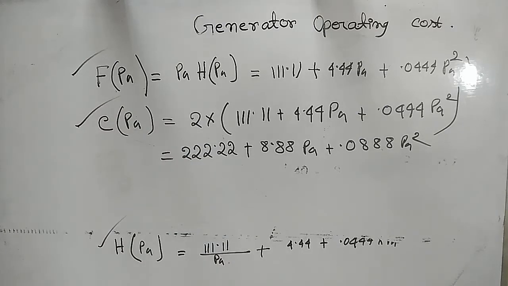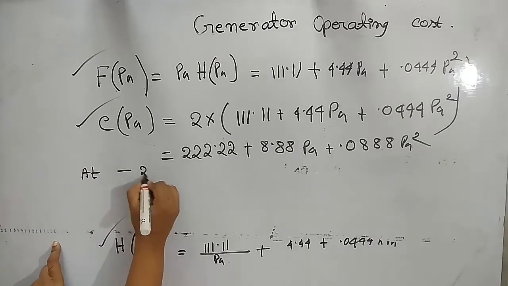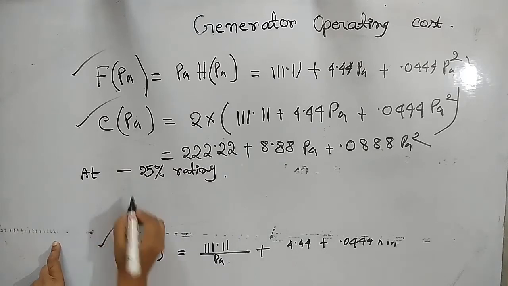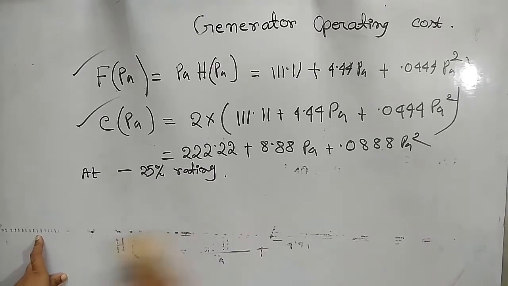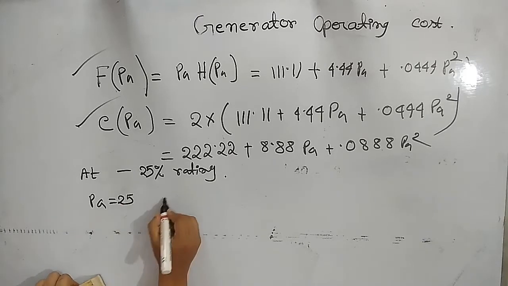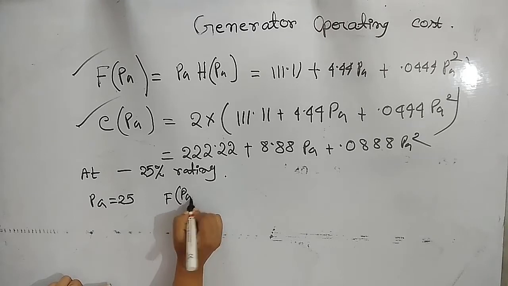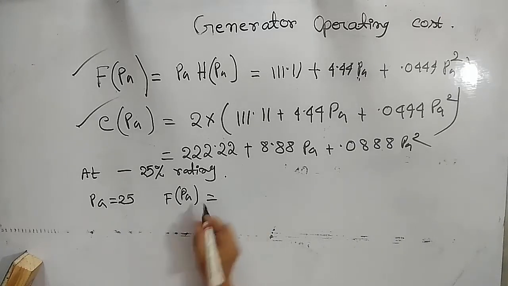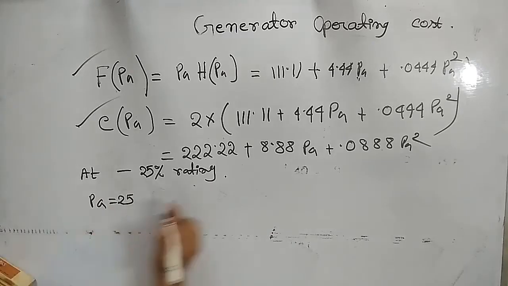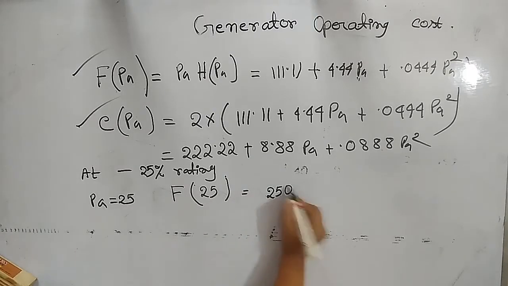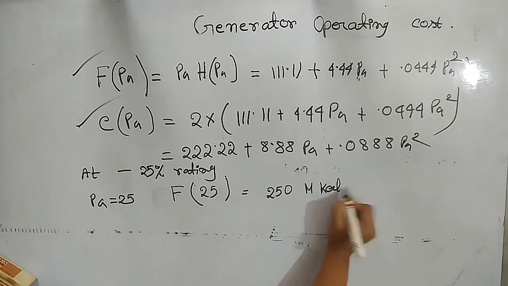Now at 25% rating, the value of PG is 25, and by putting the value of PG we get the value of input fuel FPG is 250 mega kilocalorie per hour.